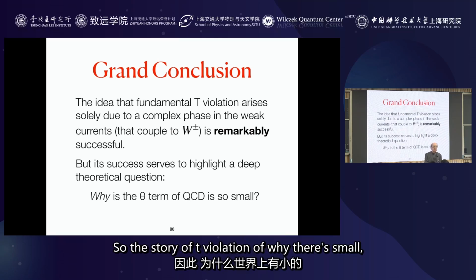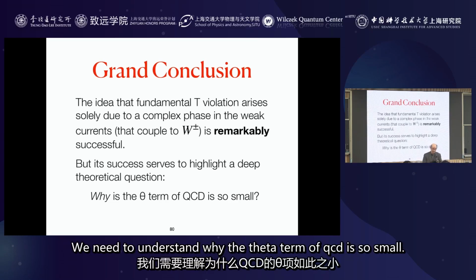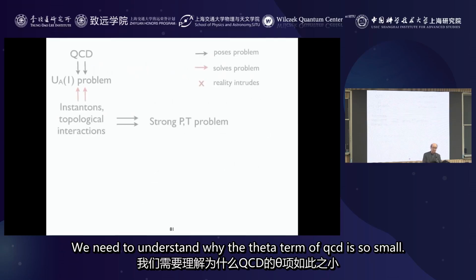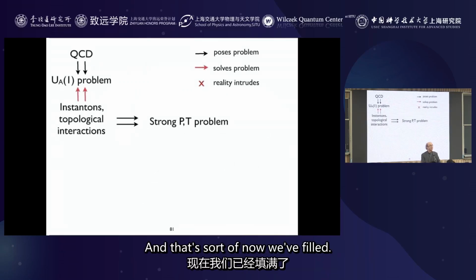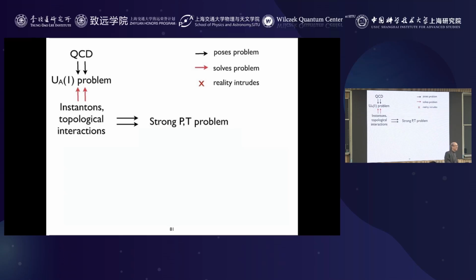So the story of T violation, of why there's a small but non-zero T violation in the world, is not quite complete. We need to understand why the theta term of QCD is so small. And that's sort of, now we've filled in this diagram. Okay.